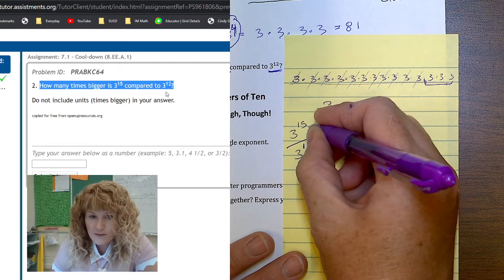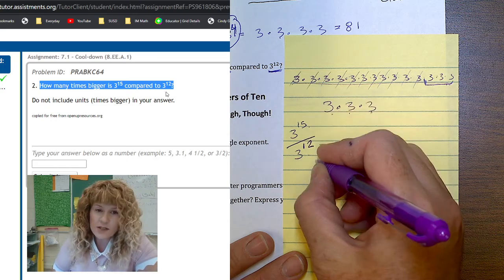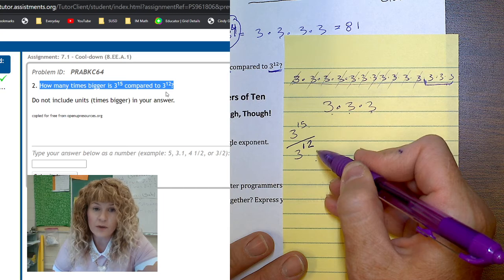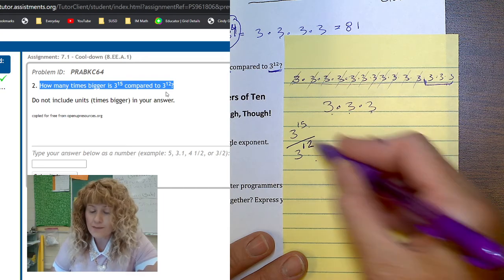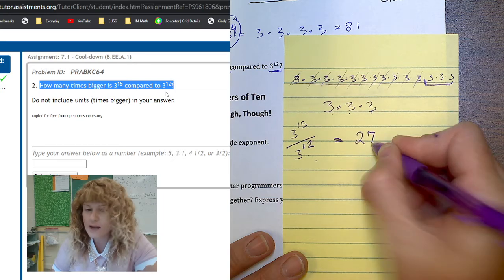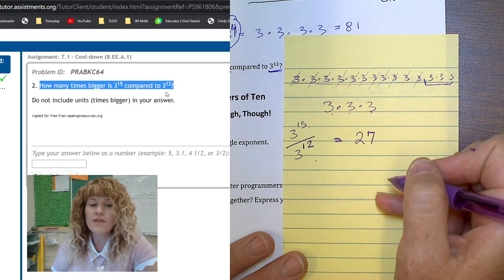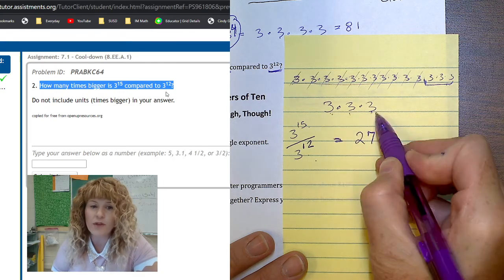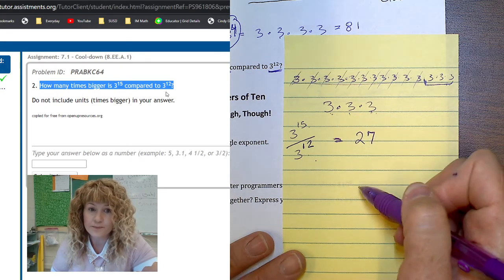So 3 to the 15 compared to 3 to the 12th can be written as a fraction, a ratio. And if we were to do the math, the larger number is 27 times greater than the smaller number, 27 times, because it's being tripled 3 more times.